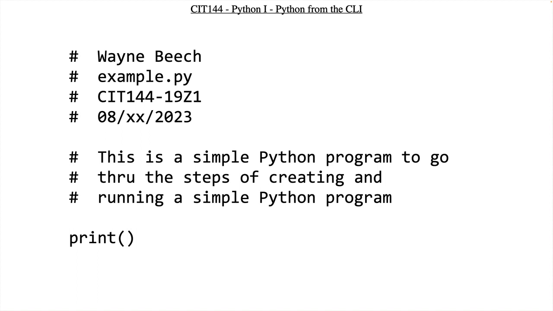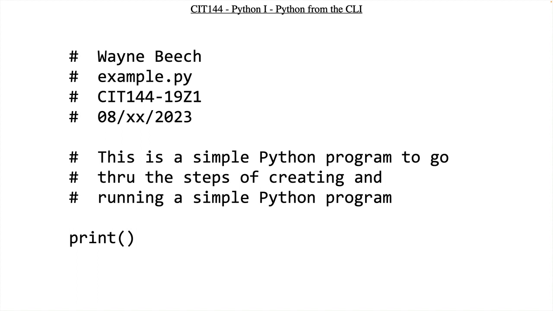So one thing I stress is having a nice looking, well spaced out program, and then your output as well should be kind of spaced out and easy to read. So what I like to do is start my program with just a print with no arguments.